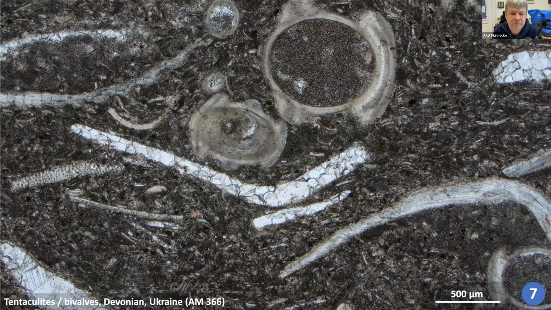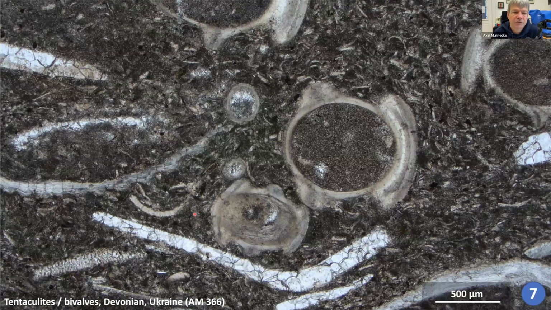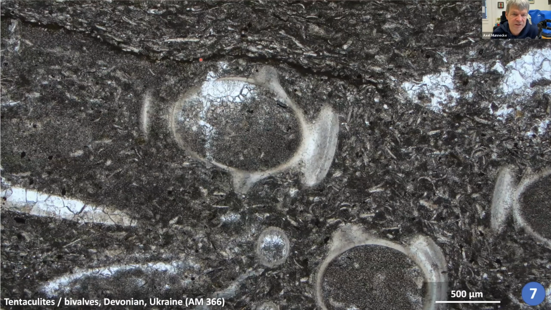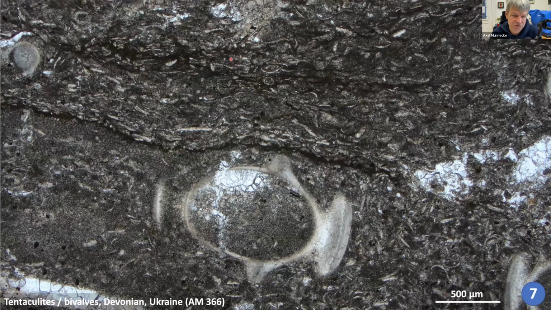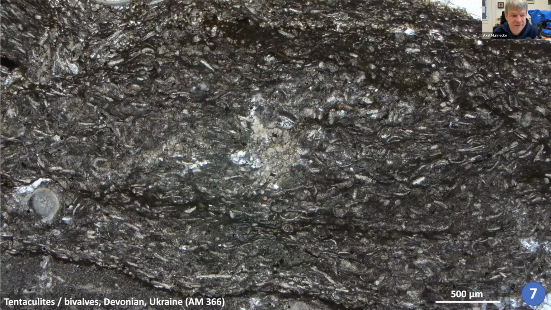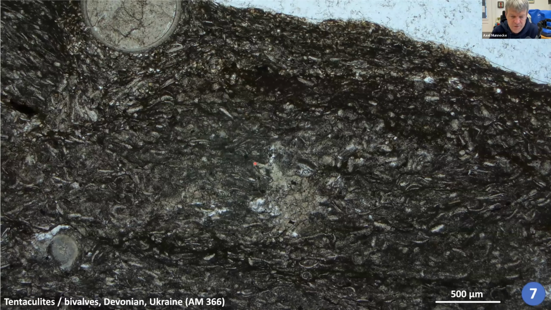So we will again move towards the marl. We are still in the limestone. We have our calcite spar, and now we are approaching the edge of this limestone layer. The components are strongly aligned. Tentaculites are still present, but no aragonitic fossils.